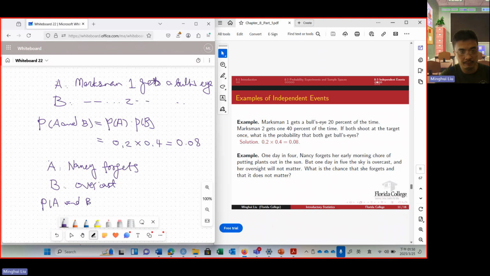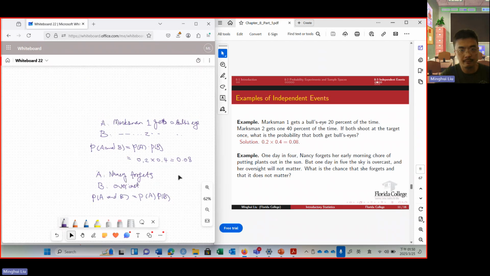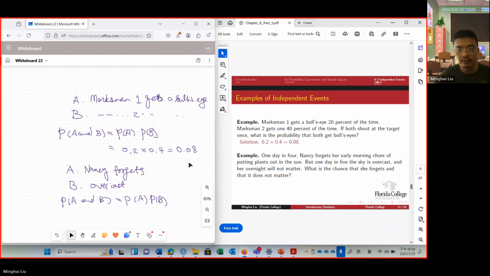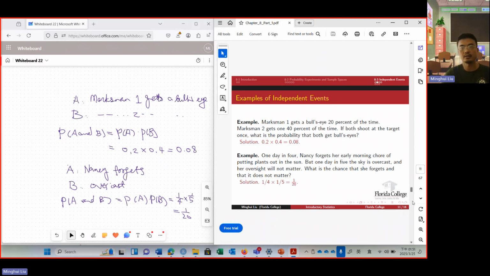So P of A and B is equal to P of A times P of B. In this case, P of A is 1/4, so it's going to be 1/4 times 1 day in 5, which is 1/5. That gives 1/20. This is the probability that she forgets and it does not matter.